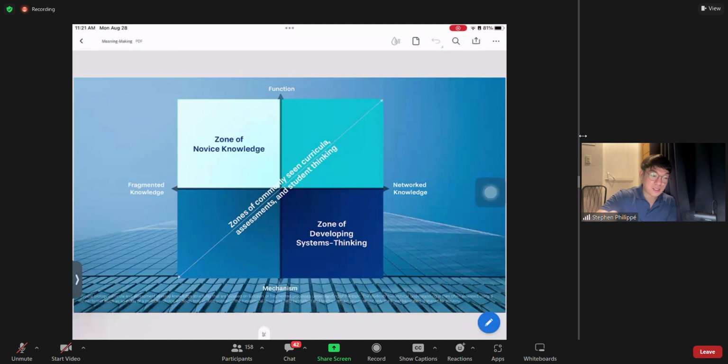Typically these two portions on the curriculum, on top of the systems thinking and below the novice knowledge, are more commonly seen in schools, especially when Christian studied this part. He is referring to the schools in London and UK. This is not yet implemented in the country, as I've said, but this is what I'm yearning for. This is what I'm expecting, that we are more likely doing in the zones of this general curriculum.